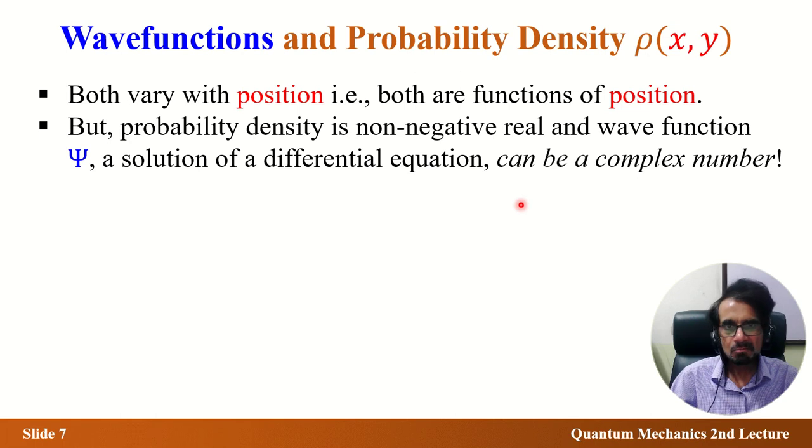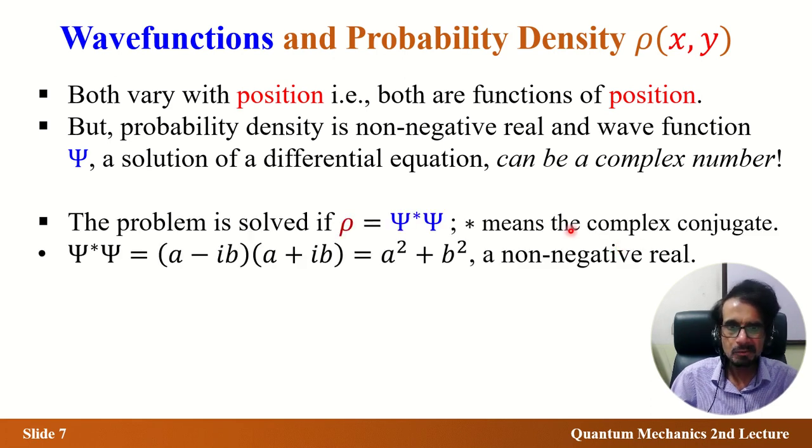The wave function is a solution of a differential equation that can be negative, and in general can even be complex. But the probability density has to be real and non-negative. So what can be the relation? If you have a little experience with complex numbers, then you can see a solution, which is that if you have a complex variable or constant, whatever it is, you take the complex conjugate.